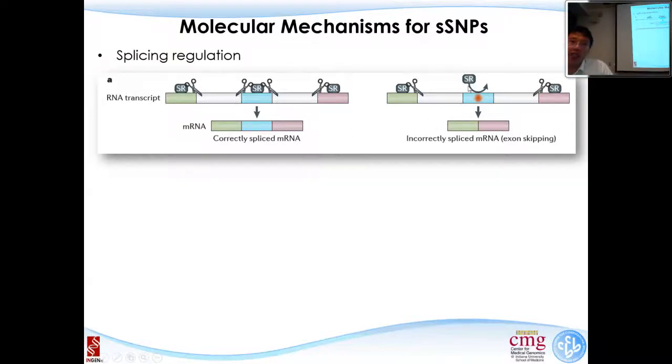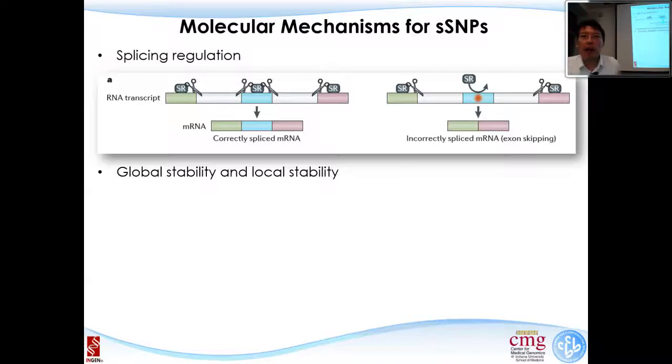If a mutation occurs and this protein cannot bind, in some cases the splicing only occurs here, so the middle part will be spliced away. So even for this one individual SNP, it doesn't change the amino acid sequence, but it could cause an entire protein domain to be missing. That can potentially lead to a larger physiological impact.